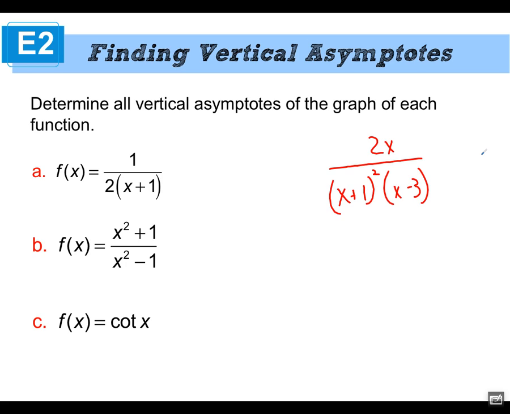So tell me about the behavior around -1. One goes up, one goes down, both go up, both go down. What do you think it is? Both go up or both go down. We would find that out later. What about at 3? Yeah, so they go opposites. And again, that's determined by the value of the exponent on each of those, whether they're odd or even. Are we good on that? Good.